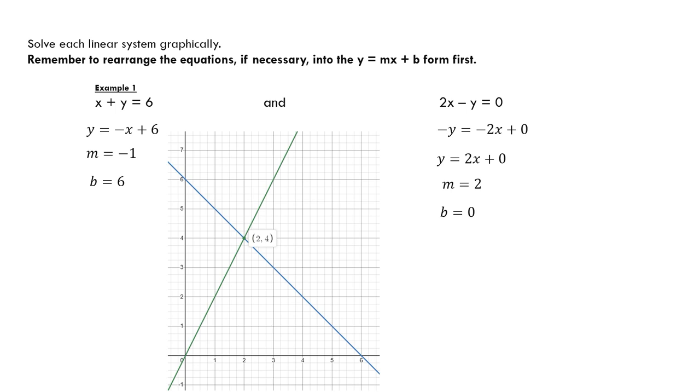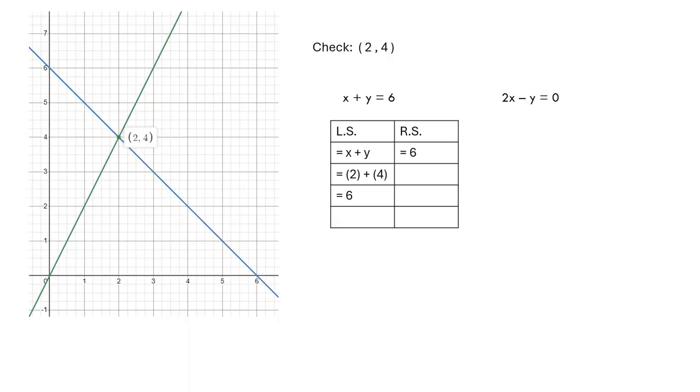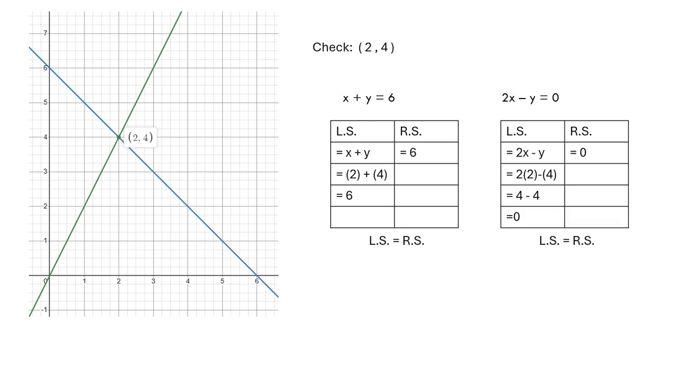We can check this point of intersection by substituting the values into both equations, and once again, when we check the left side and the right side, we see that in both cases they equal one another, giving us comfort in knowing that we have the correct solution.